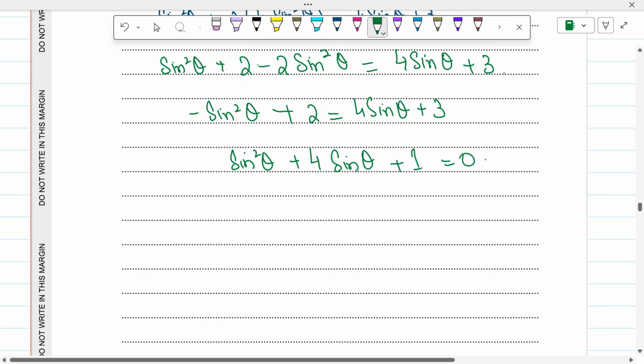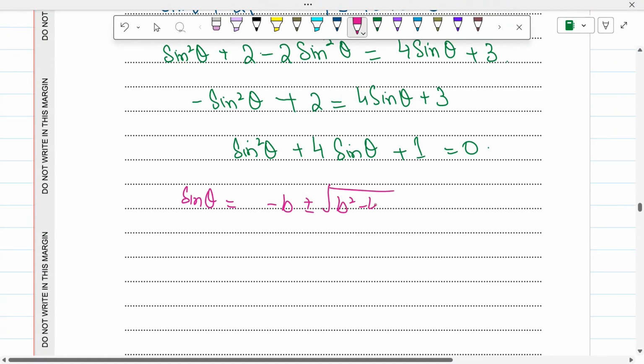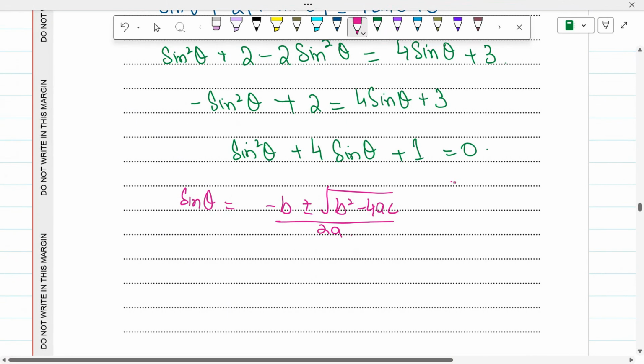This is a quadratic equation and can be solved using the quadratic formula. So sine of theta is equal to negative b plus or minus under root b square minus 4ac over 2a. In this case, a is equal to 1, b is equal to 4, and c is equal to 1.